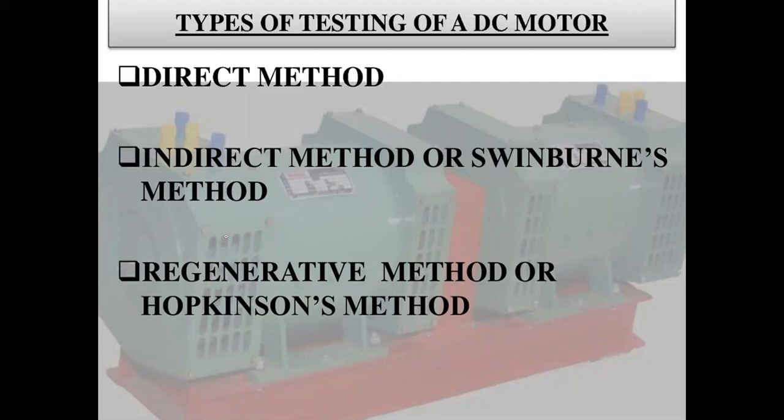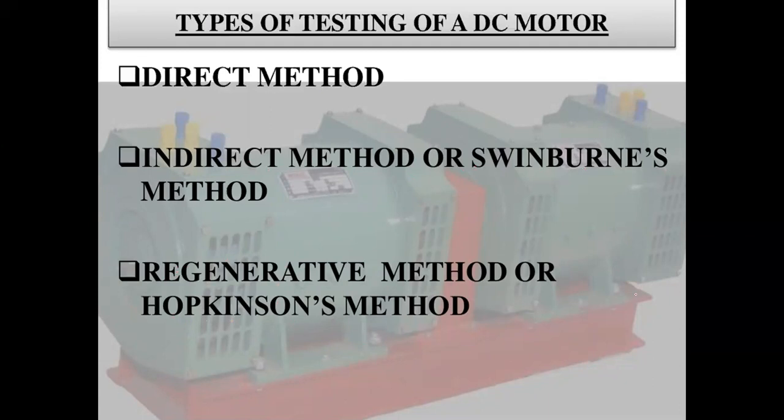We will know the losses at the beginning, nothing but no load losses, by conducting the Swinburne method. During this method, some of the losses because of heat are not considered. That's why we conduct another indirect test, that is Hopkinson's test. These two tests are called indirect methods.